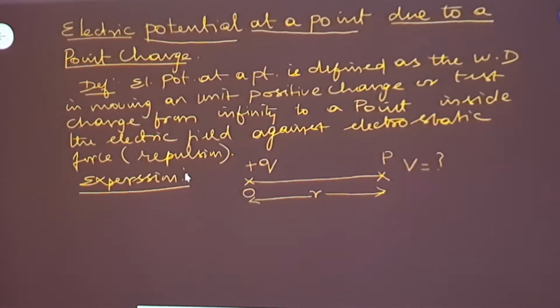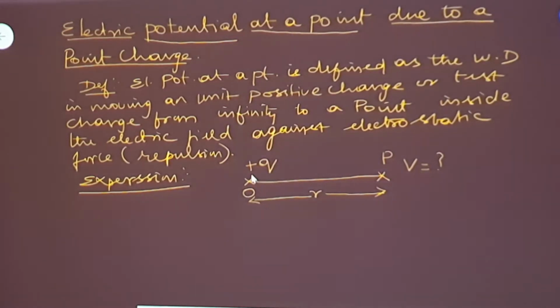So how to obtain an expression for this electrical potential at a point due to a point charge? For that I am considering a simple diagram. In air medium I am considering a point O where I have placed the charge plus Q. At a distance R from the point charge at O, I have considered another point P, and at this point P I have to calculate this potential due to this charge plus Q. So how to calculate?